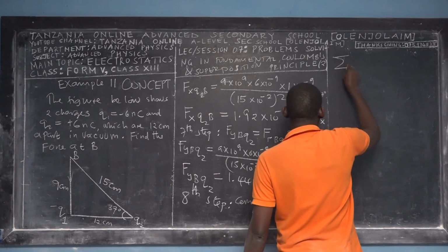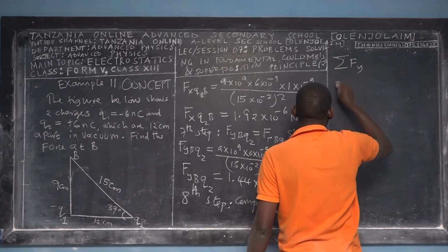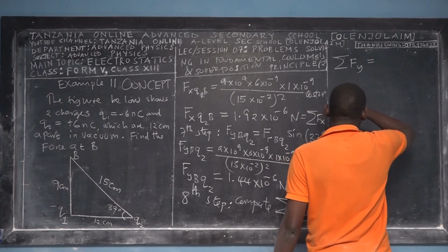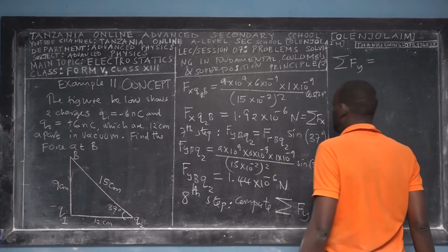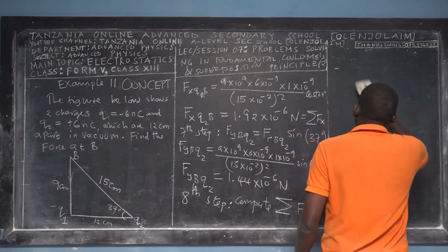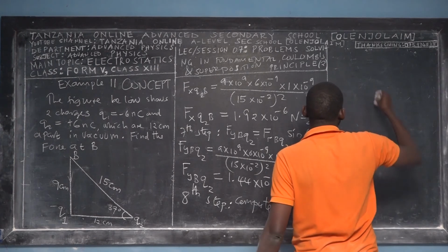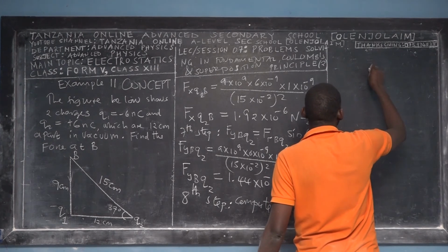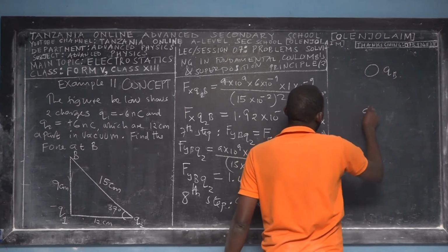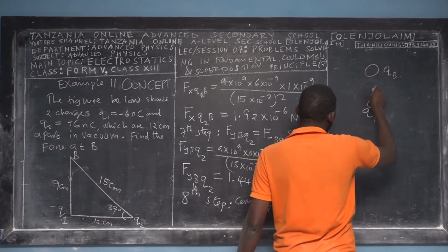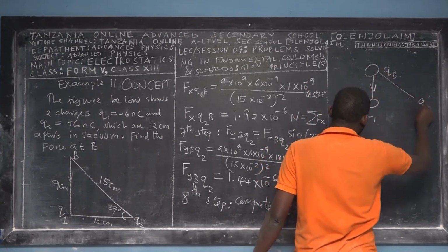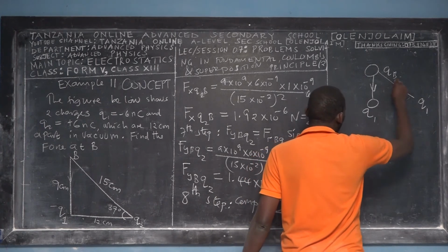So to find the vertical component for this case, before we find it numerically, we have just to say that this is the point B. You see that this is the charge at point B. Here you have Q1, another charge. So this one is pulling it down. And here we have Q2, and this one is pushing it up.